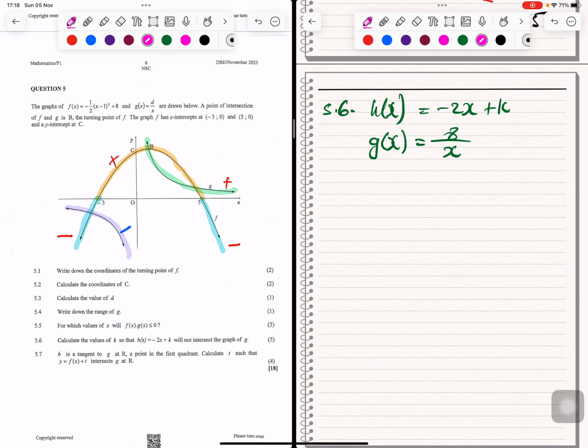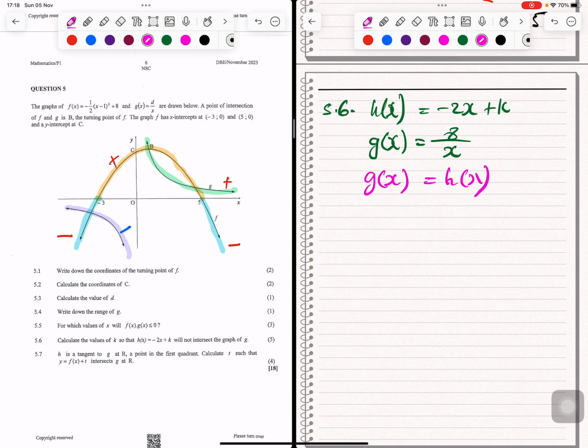Think about it this way: when they intersect, g will equal h. Now, if you look at their x values, they are going to be disconnected. When they are disconnected, that's when we say they will never intersect. They will never cross each other. That's the best way to answer that.